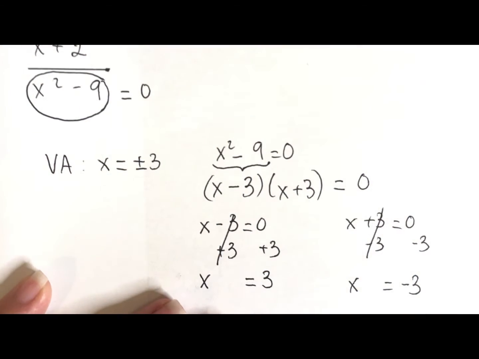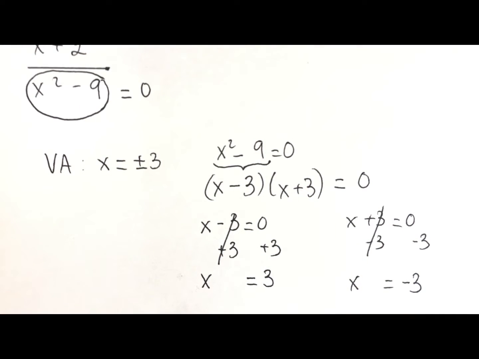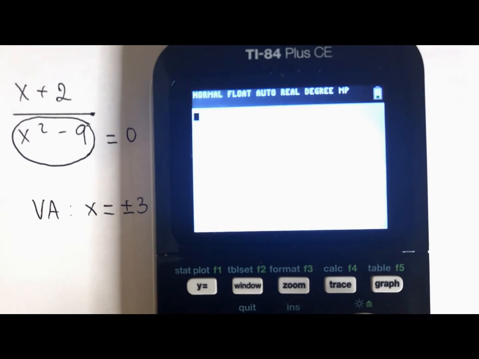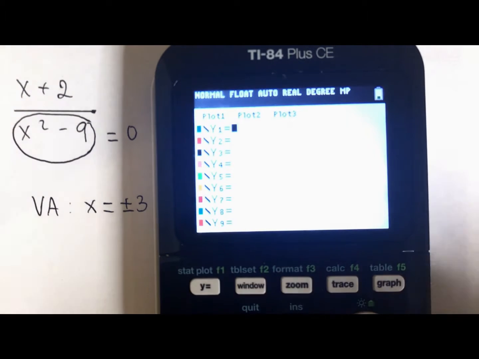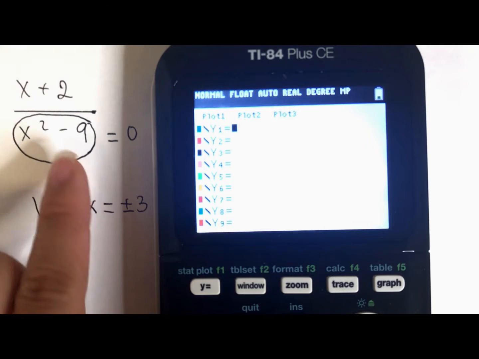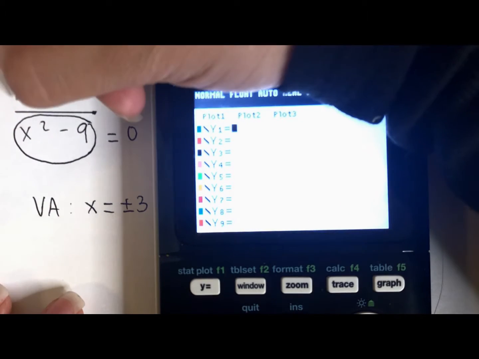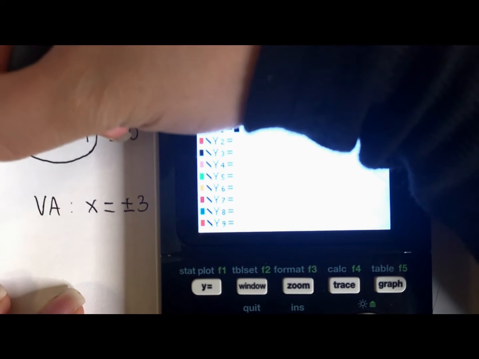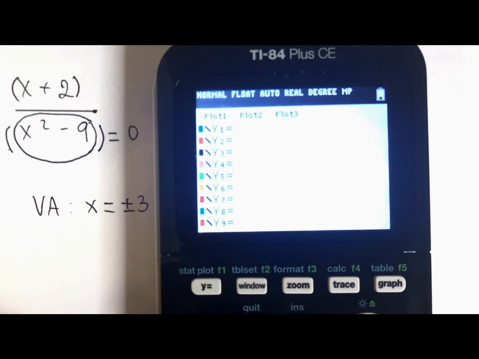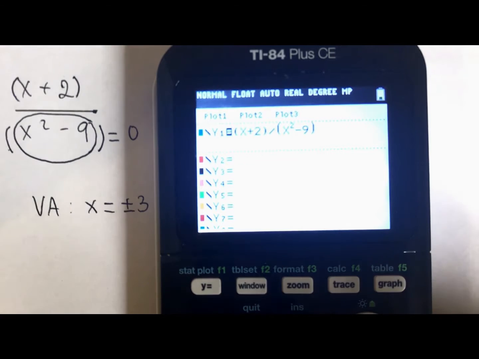I'll quickly show you how to graph this on your calculator. We are going to go to y equals and type in our function. Remember to put parentheses around your numerator and denominator. So we are going to say x plus 2 divided by x squared minus 9.